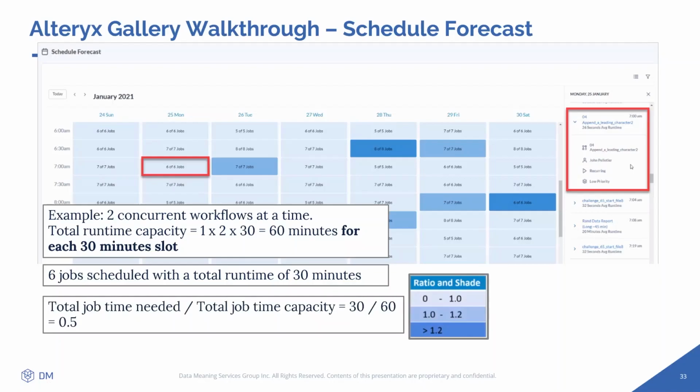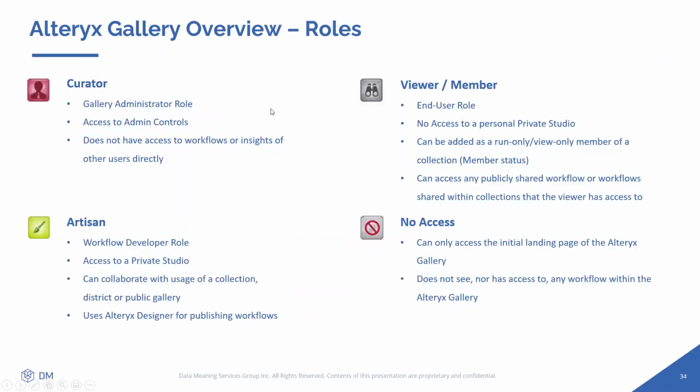We're not thinking about the ad hoc usage of the server. And that's why at this point we have half of the usage of the server, but then we have all those shades of blue. And we can take a look at the darker blue, which means we need more time for those executions. You can reschedule those, maybe optimize the workflow, or scale your environment.